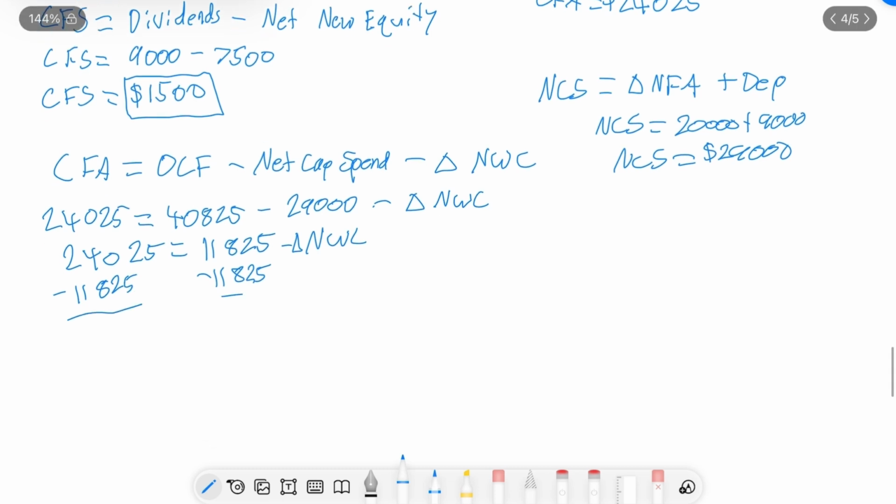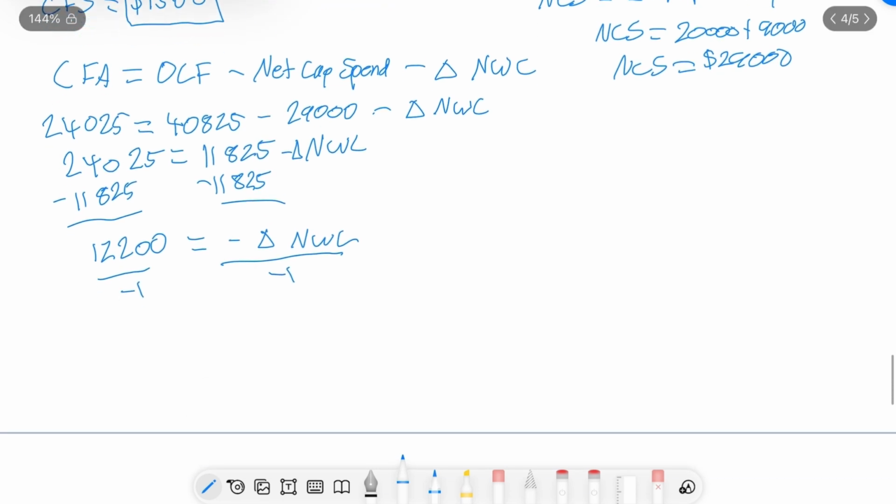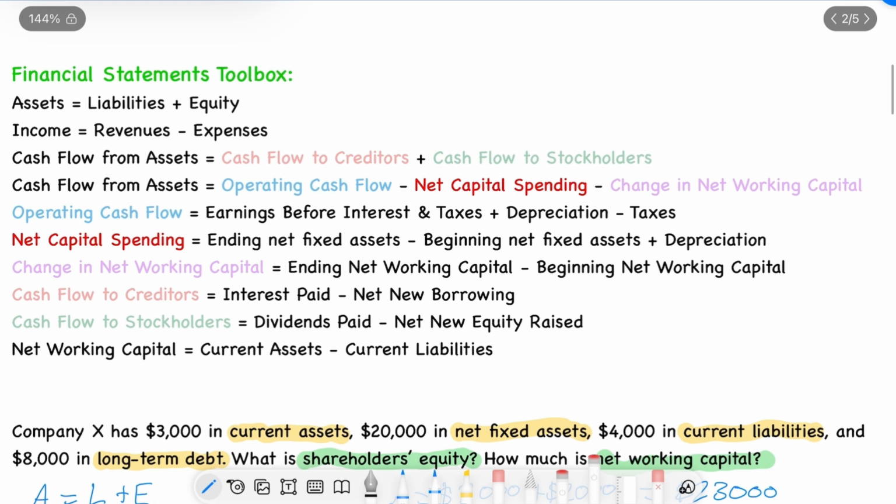That's going to give us 12,200 equals negative change in net working capital. Divide both sides by -1 to get rid of that negative sign. And we're going to have our change in net working capital is a negative $12,200.